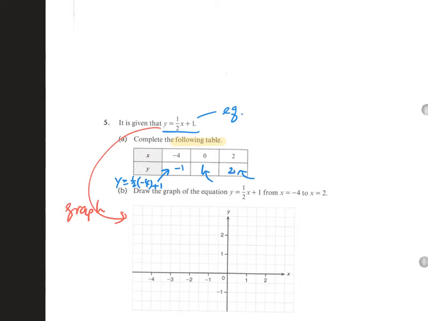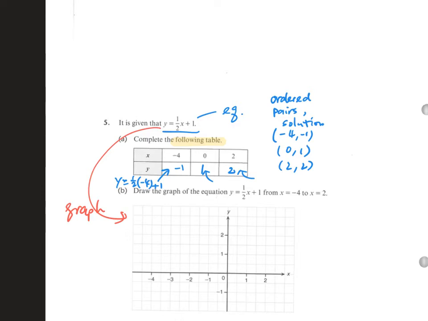And you do remember that each pair we call an ordered pair. That means now we've got 3 pairs: minus 4, minus 1; 0, 1; and 2, 2. We can call them ordered pairs. We can also call them solutions of the equation. You have several names for it.